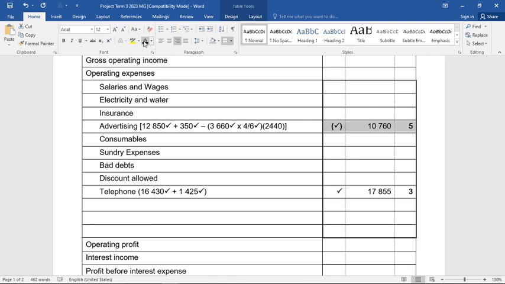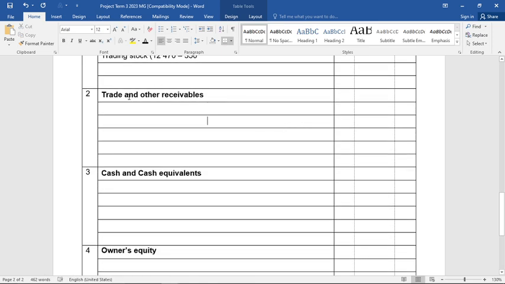We can total it and put the total in our column. 2,440 is expense prepaid, as I've said. That's going to go into the note trade and other receivables. Once again, you know that the first line is reserved for trade debtors or debtors control, and the next line following that could be prepaid expense, or we could call it expense prepaid, and that's where the 2,440 is going to go.